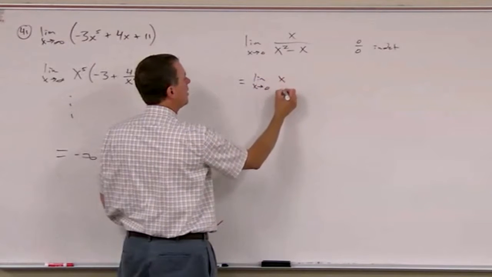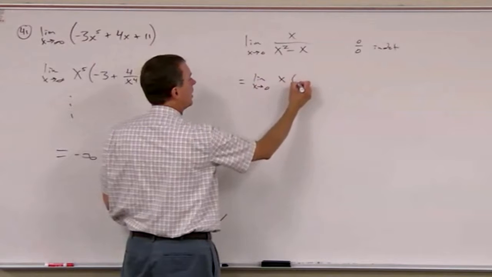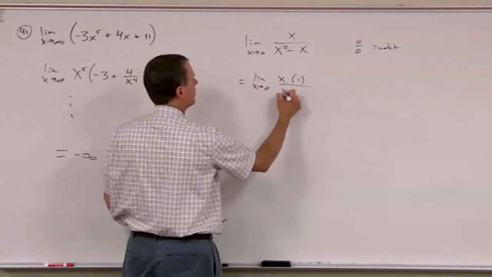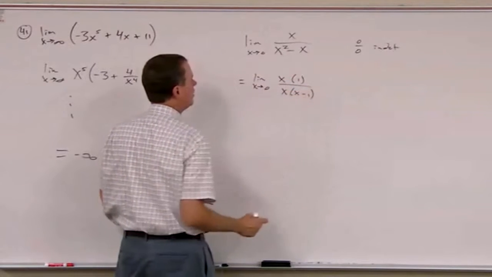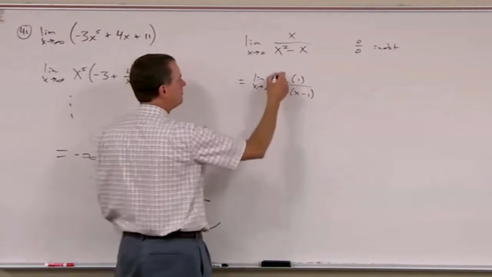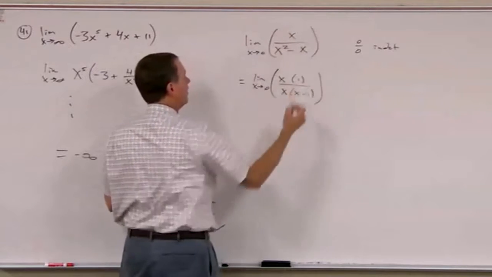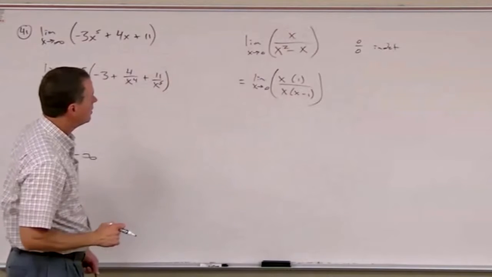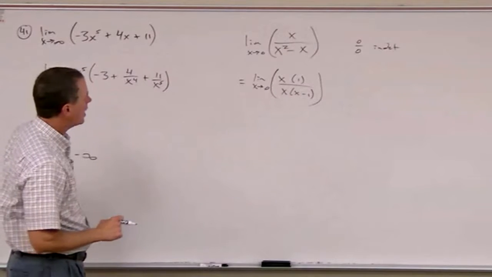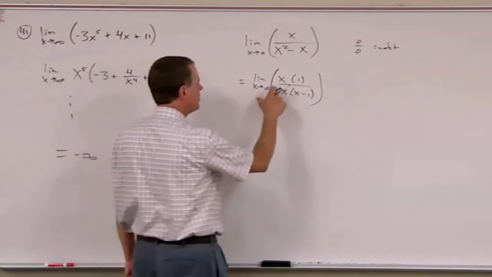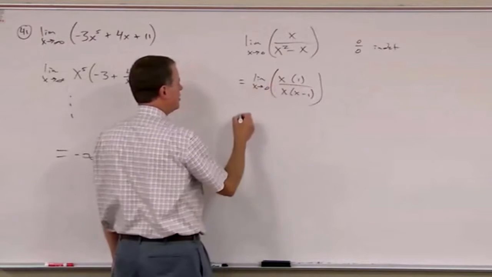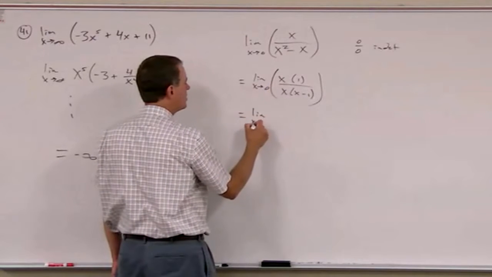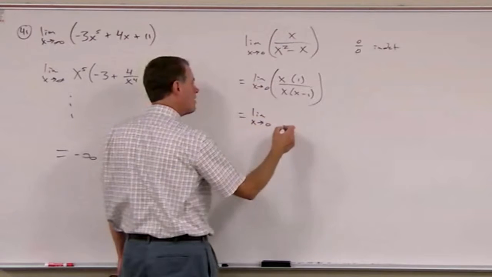So you can have x times 1 over x times x minus 1. Then if x is not 0, we can cancel these x's out. How do we know x is not 0? Because it's getting close to 0.